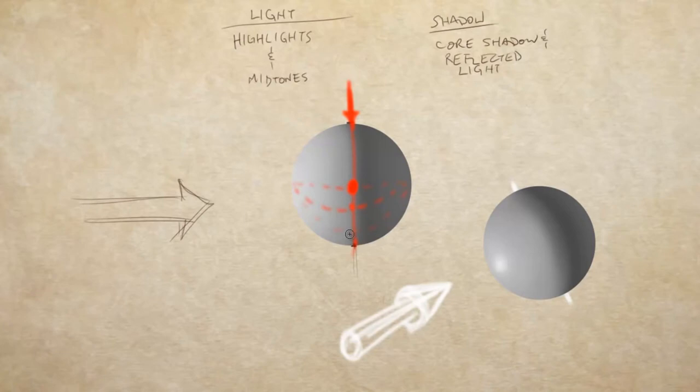And the part that's closest to us is going to have the greatest value difference. So usually in a core shadow, the darkest part is the part that is in the middle of that shadow. So the part that's facing towards us the most.